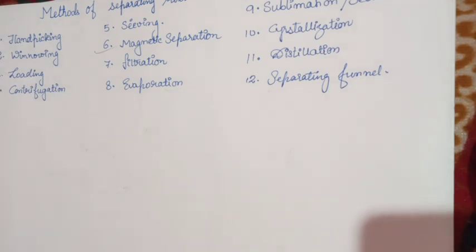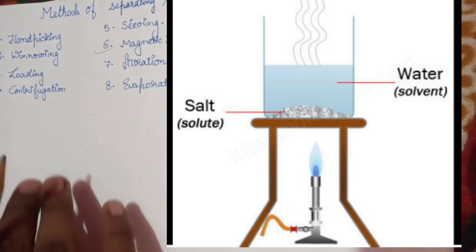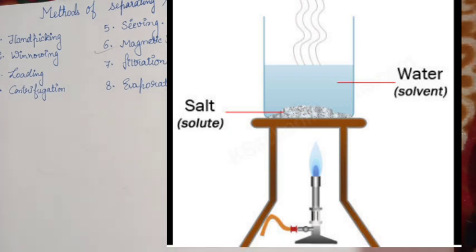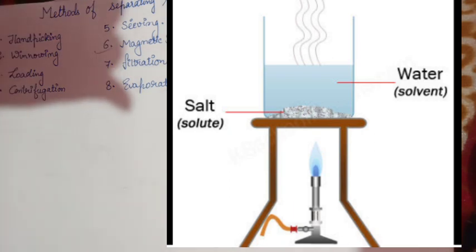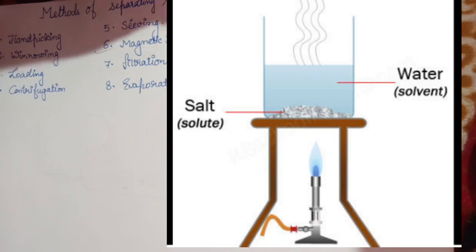Evaporation. So what is evaporation? Evaporation is basically separating the solid particles from the liquid. In the previous filtration process, we separated the sand from the water, since sand is an insoluble particle, using the filter paper.